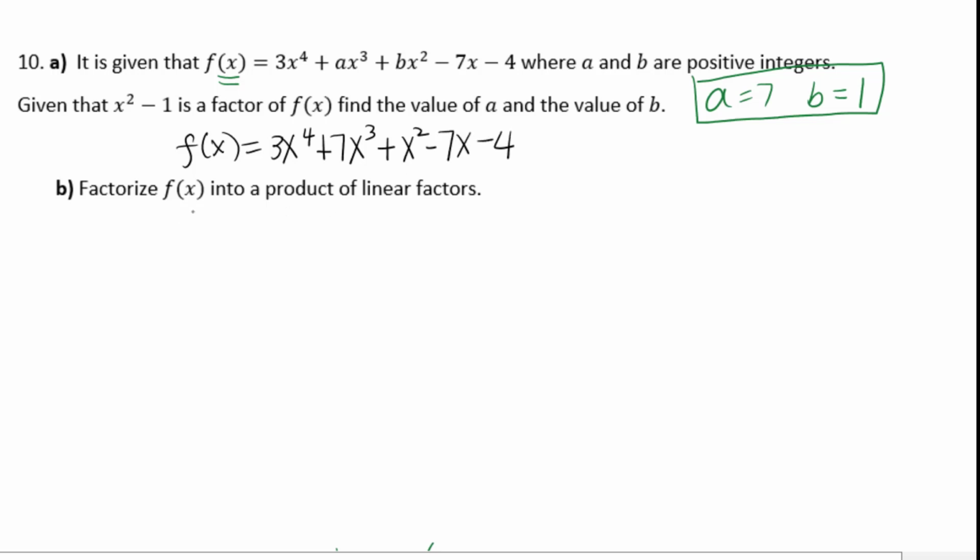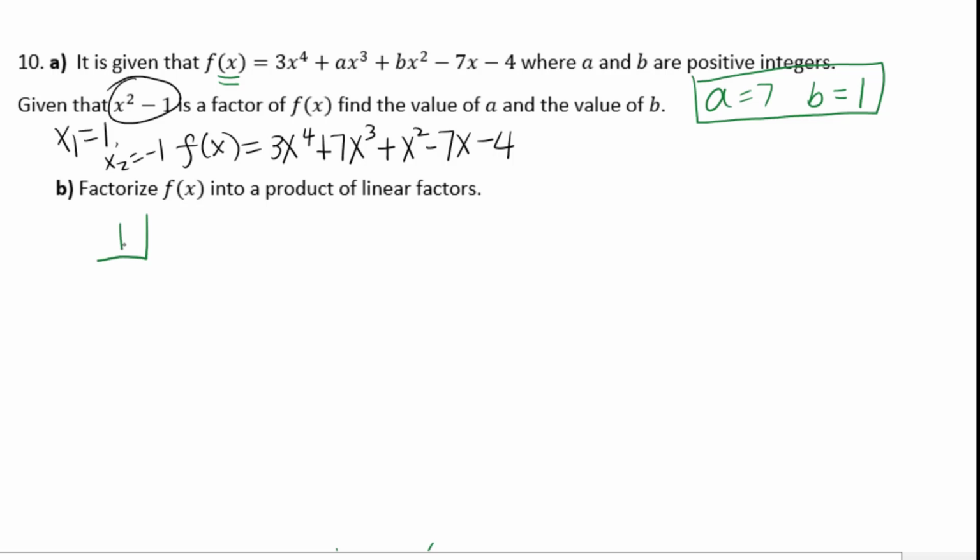When we are looking for all the zeros or the product of linear factors of a polynomial function, we will use synthetic division. We already know the two roots of f of x, x1 equals 1 and x2 equals -1. We will use these two roots to do the synthetic division.